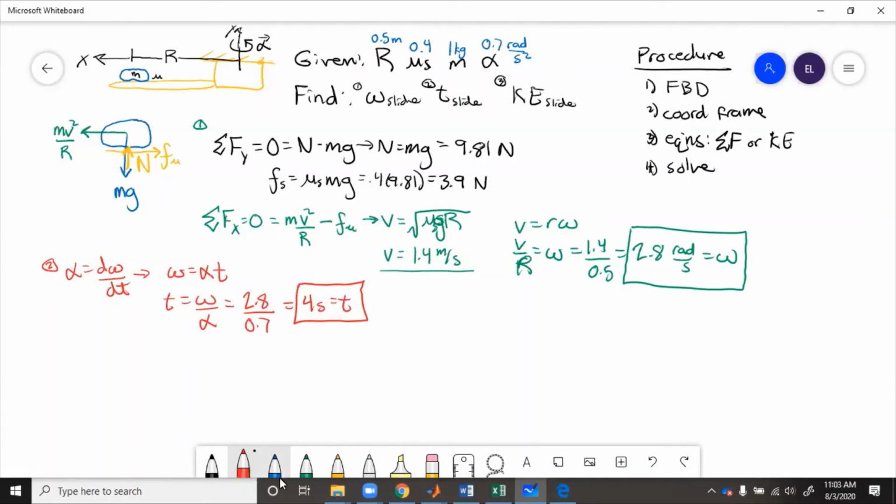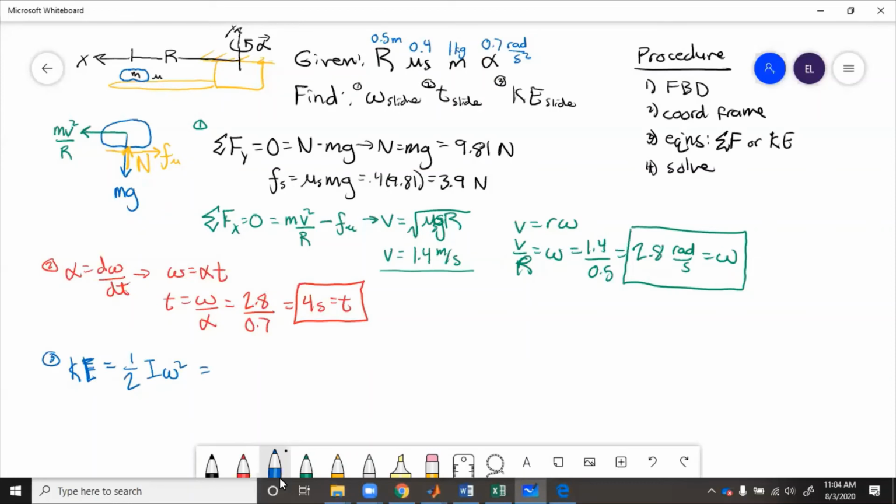Then finally, we need to find kinetic energy. So that is independent of the time, but it does depend on the angular velocity. So we know KE is going to be 1/2 I omega squared. And we treat the Beanie Baby as a point mass at distance r away from the center of the fan.